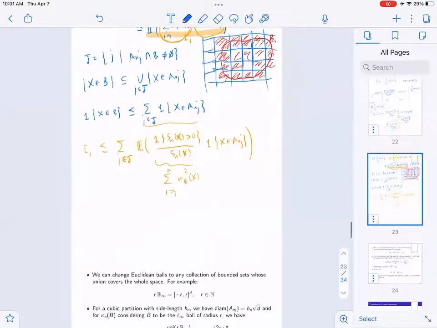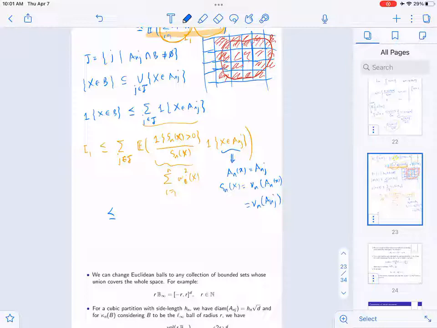Now the interesting thing is that because x is in A_nj, A_n(x) is just A_nj. So S_n(x), which was the number of points in A_n(x), is just the number of points in A_nj.